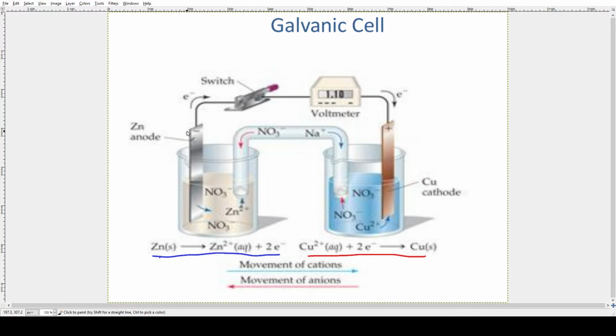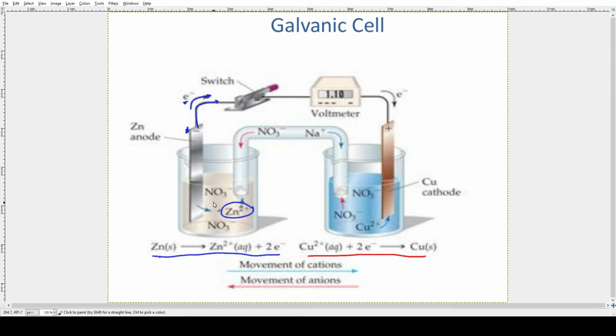You can see that we have solid zinc over here, and that solid zinc loses electrons. These electrons are transferred through this wire. When it loses those electrons, we have zinc ions that pop off, and the solid slowly disintegrates. Basically, the zinc falls off of it as an ion.